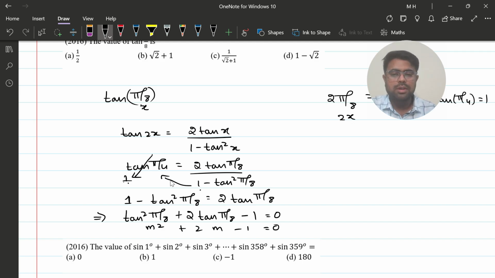So it's a quadratic equation, right? So what is going to be the solution? We know that x equal to minus b plus or minus root of b square minus 4ac by 2a, right? So here it is going to be m equal to minus b, that is minus 2, plus or minus root of, what is b square? b square is 4, minus 4ac. Minus 4ac is minus 4 into a is 1, c is minus 1.